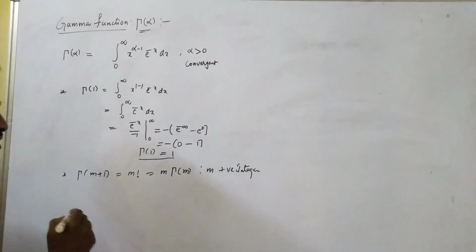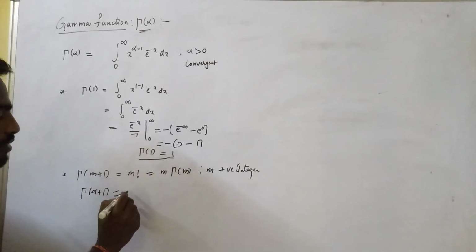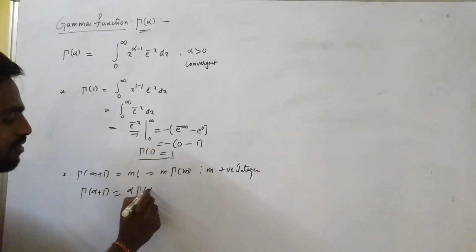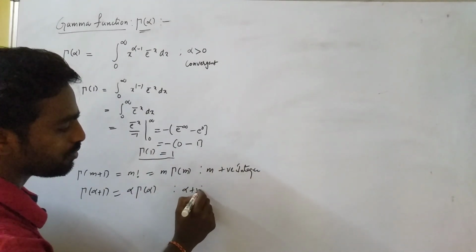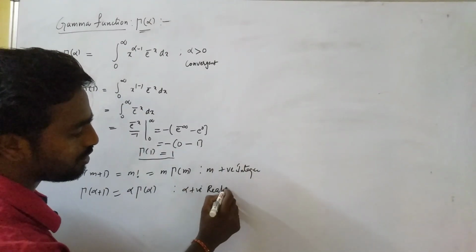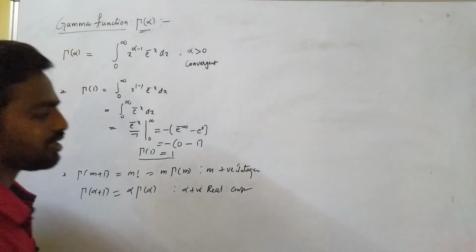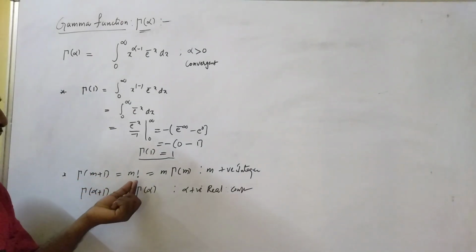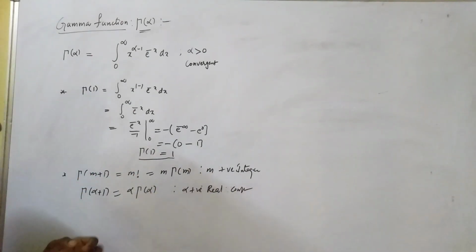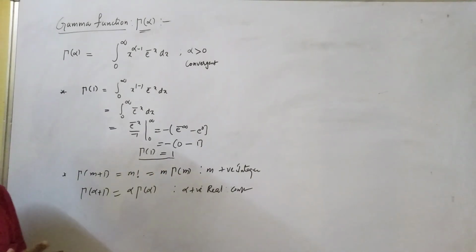That means gamma of alpha plus 1 is equal to alpha into gamma of alpha, where alpha is a real constant. So gamma of m plus 1 equals m factorial if m is a positive integer, otherwise we take m into gamma of m. That is one property.